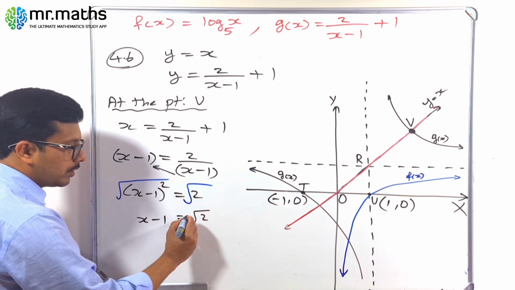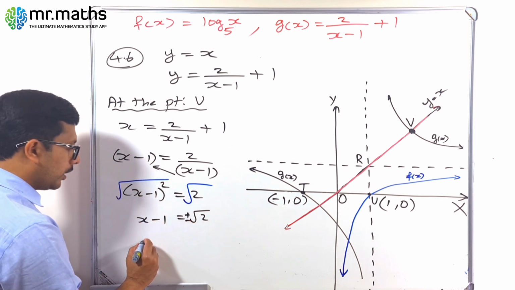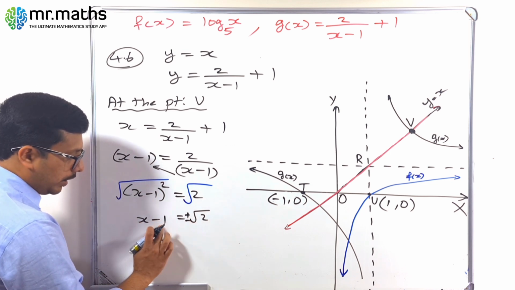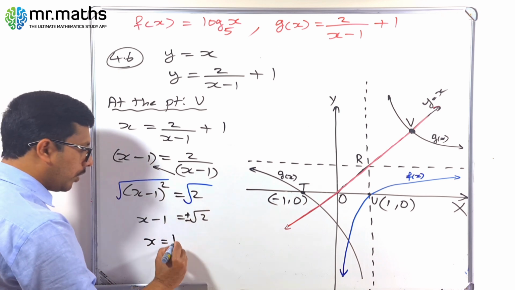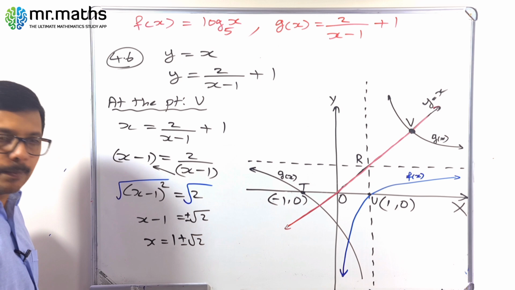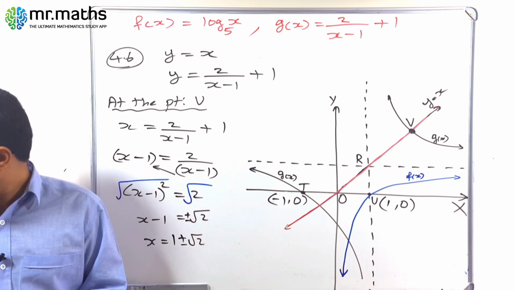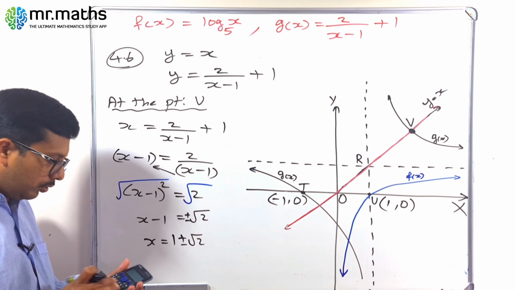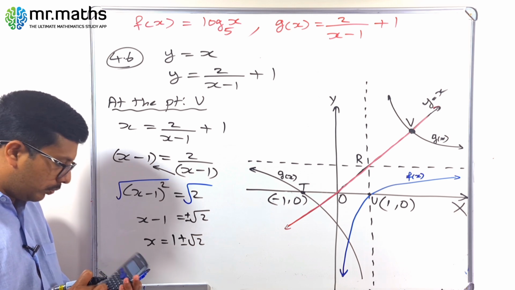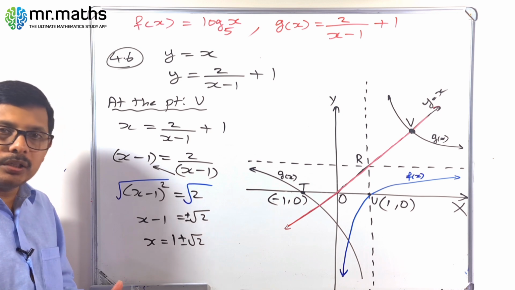The square root of 2 means plus or minus root 2. So x is equal to, taking this minus 1 to the other side, 1 plus or minus root 2. Okay, root 2, check in your calculator, what is the answer? Root 2 is 1.41.